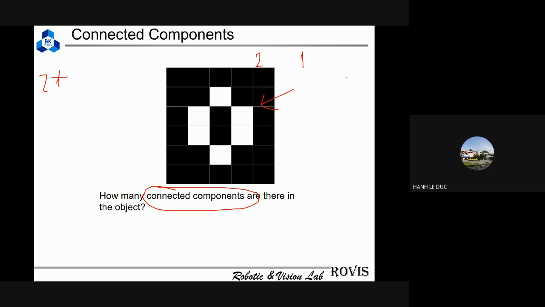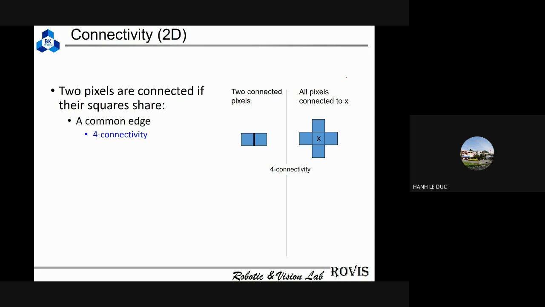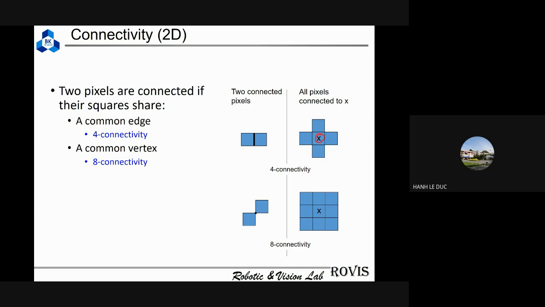Okay, so let's define what a connected component is. The connected component is very simple. For example, you have a pixel here. If we define it as four-connected, that means the 4 surrounding pixels will connect with the center pixel.